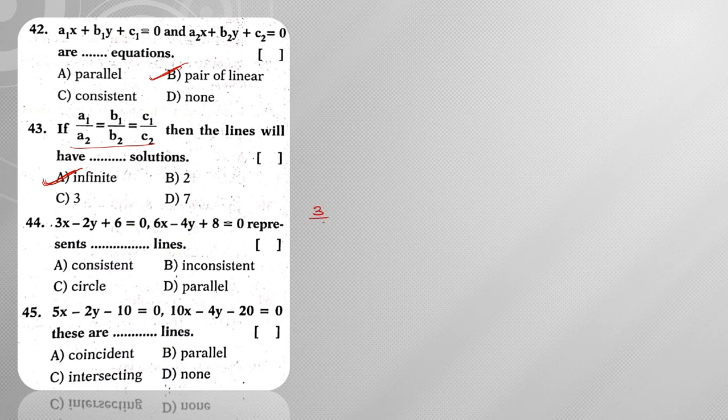So based on this, 3 by 6. Next, -2 by -4. Next is 6 by 8. So 3 by 6 means 1 by 2. -2 by -4 means 1 by 2. 6 by 8 means 3 by 4. So these two are equal and this is not equal. Hence they are parallel lines.